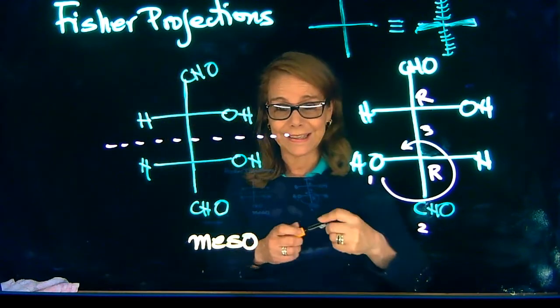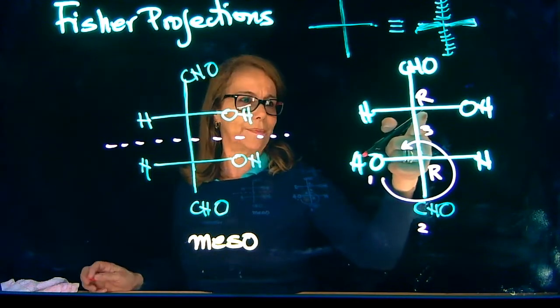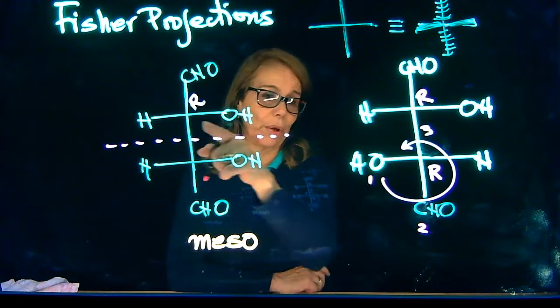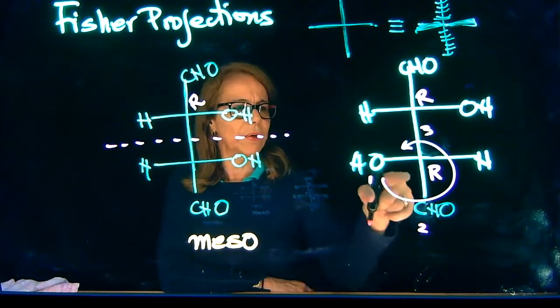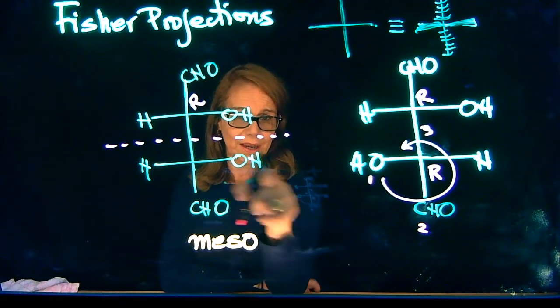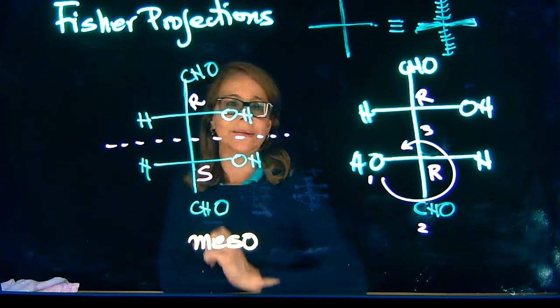Now, looking at the absolute configuration, notice that the top carbon will be the same because we haven't changed the substituents. However, here we see that the OH and the H have exchanged places. So if this is R, this should be S.